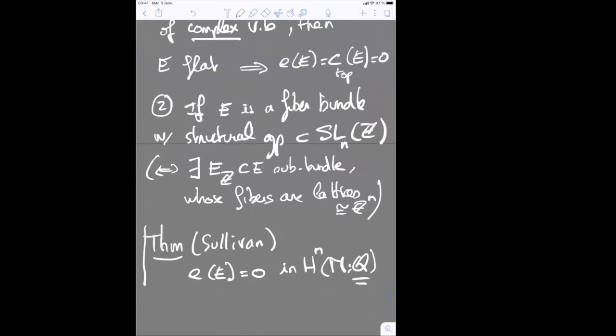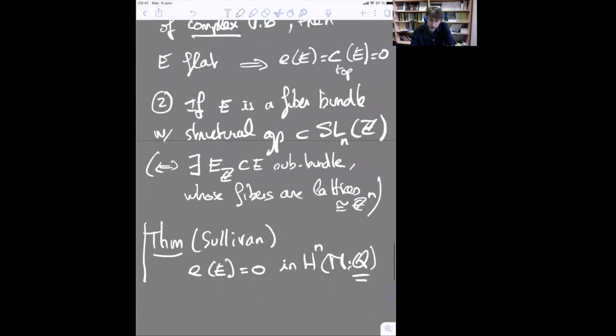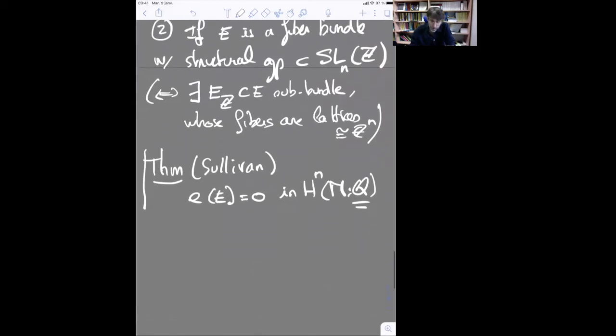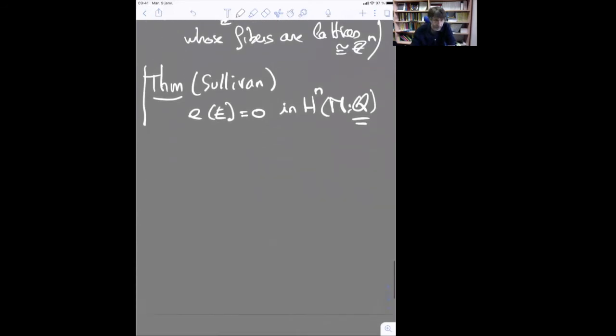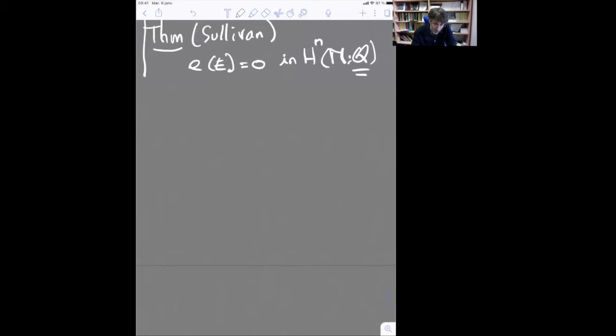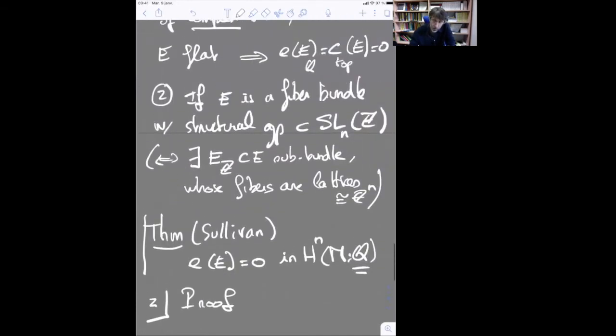So let me now give the proof. You can compute the Chern class using the connection, and then using the flat connection, since it is flat, it has no curvature, and so the cohomology class is 0.